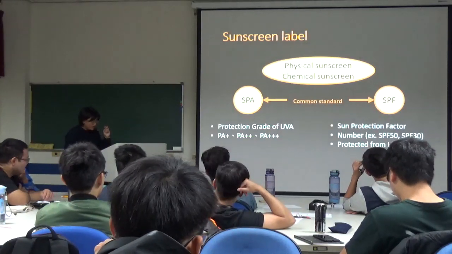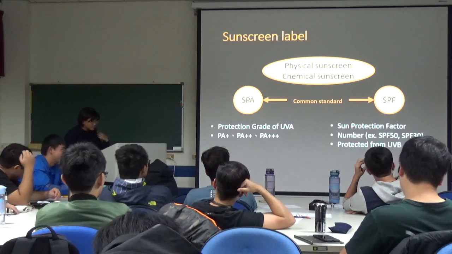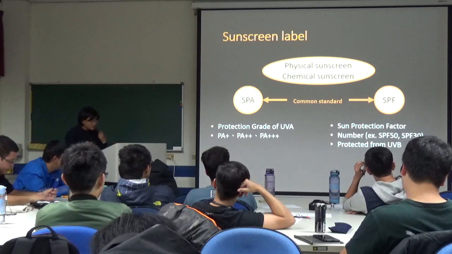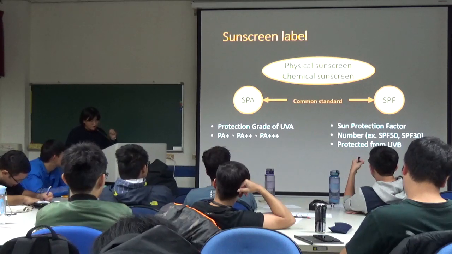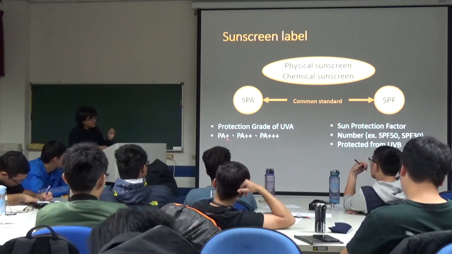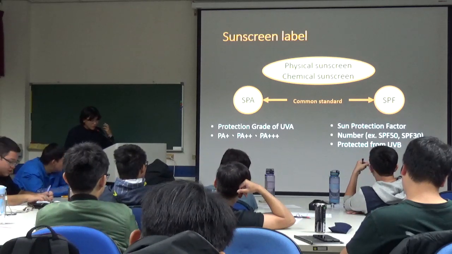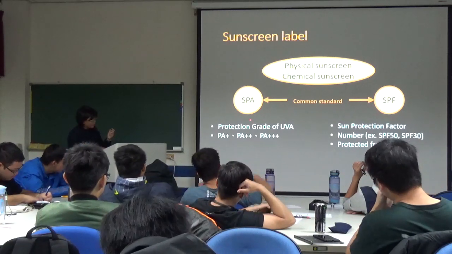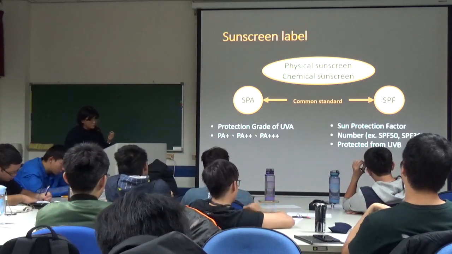And I want to introduce the sunscreen label. In Taiwan, we can see sunscreen products are always labeled PA and SPF. Maybe you want to know what this is. PA means protection grade of UVA.